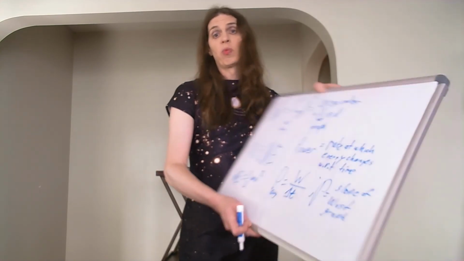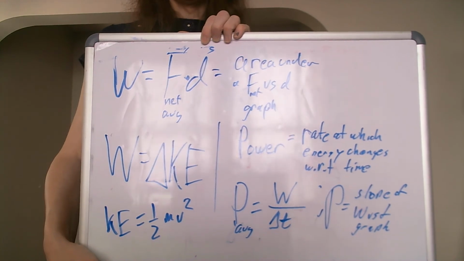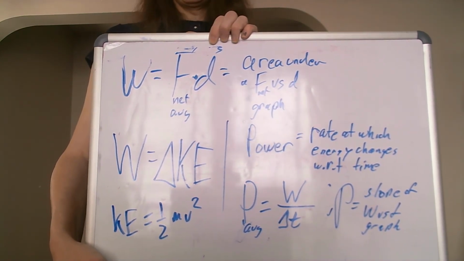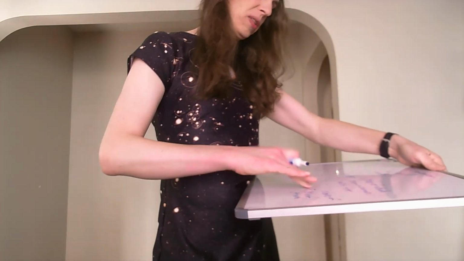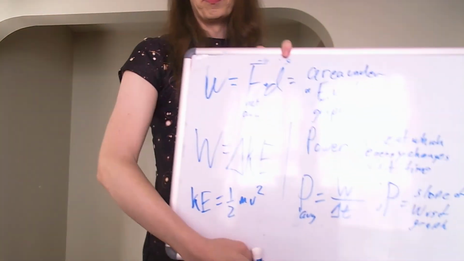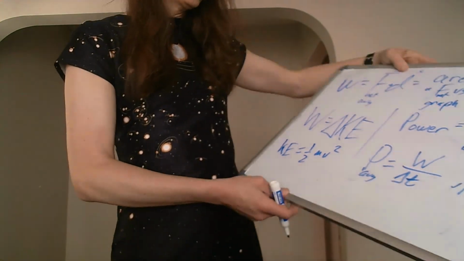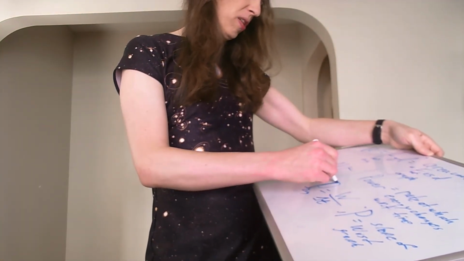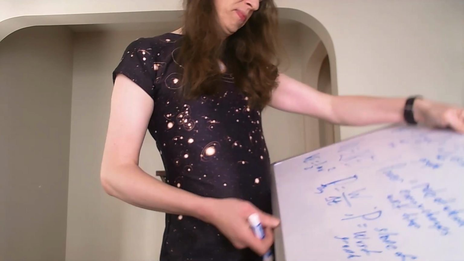And if it was changing in a more complicated way, and we want to know the exact power, then it's the slope of a work versus time graph. That P is supposed to be the same type of P. Now we used lowercase p to represent momentum. This is supposed to be a capital P for power, and I'll emphasize that by sticking some serifs on it.